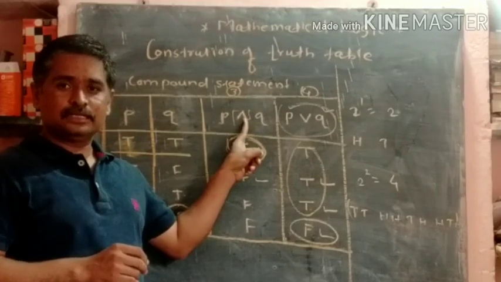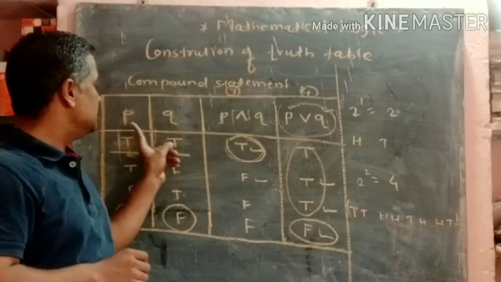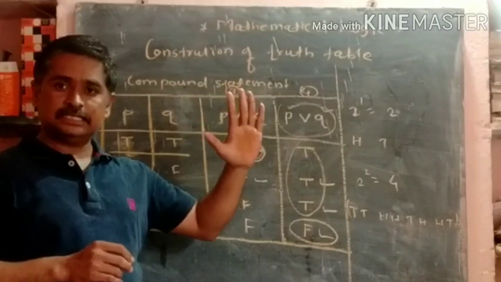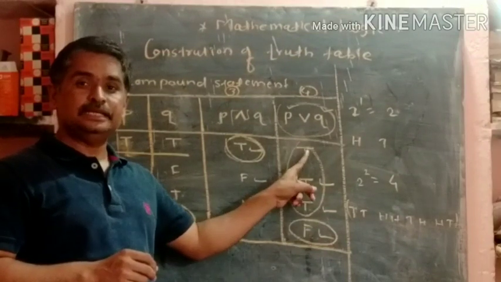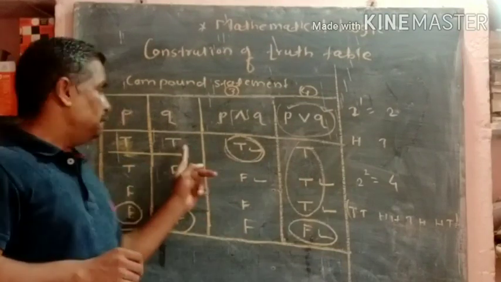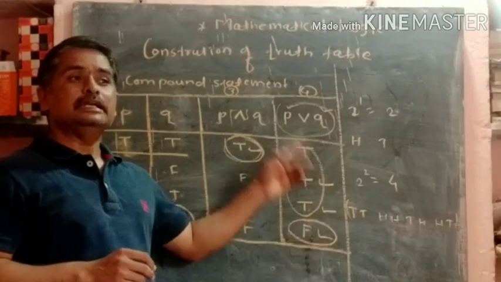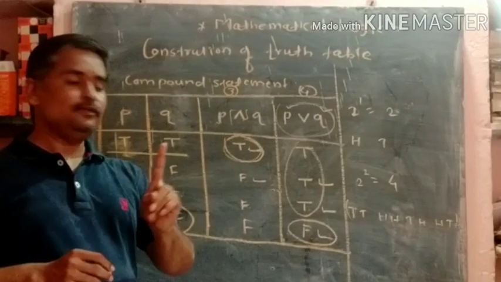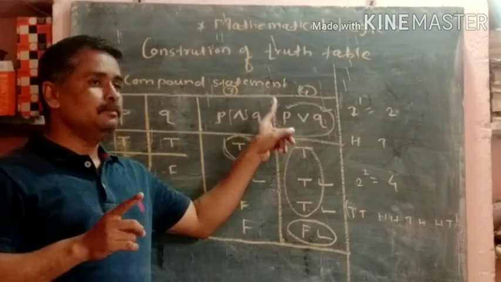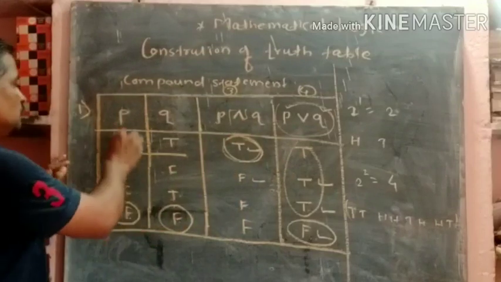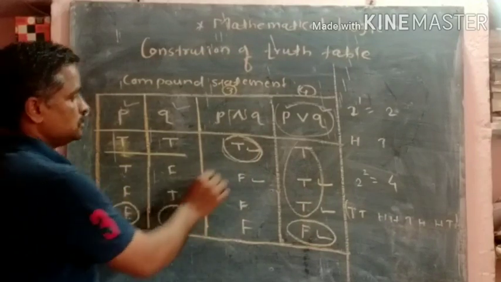In a conjunction, the truth value is T if both values are T. That means P has value T, Q has value T. In a disjunction, it is mostly T. That means P is T, Q is T, then it is T. P is T, Q is F, then it is also T. P is F, Q is T, then it is also T. In a disjunction, there is only one F, in column number 4, if both P and Q have value F, then it is F. So remember these tricks.